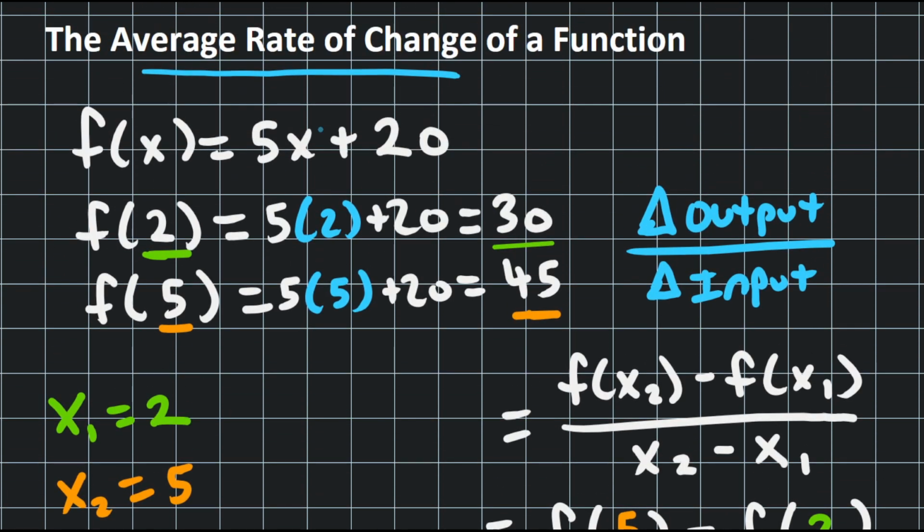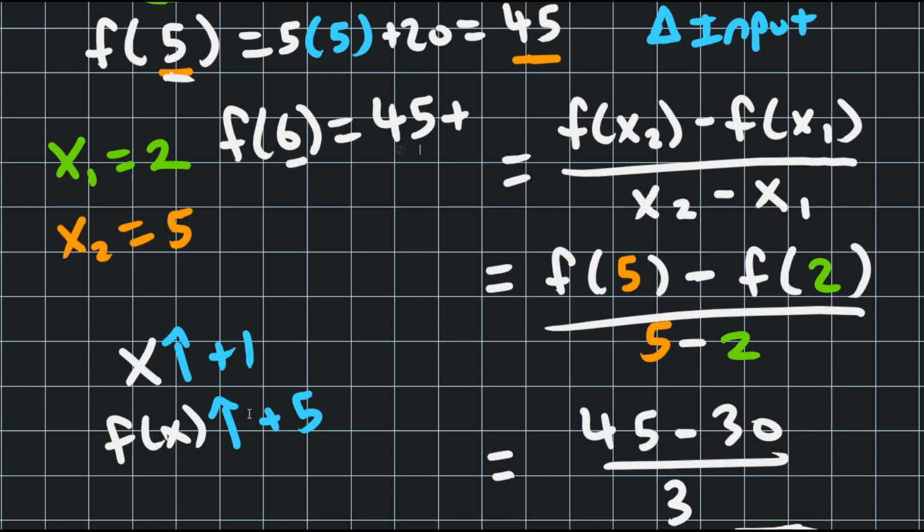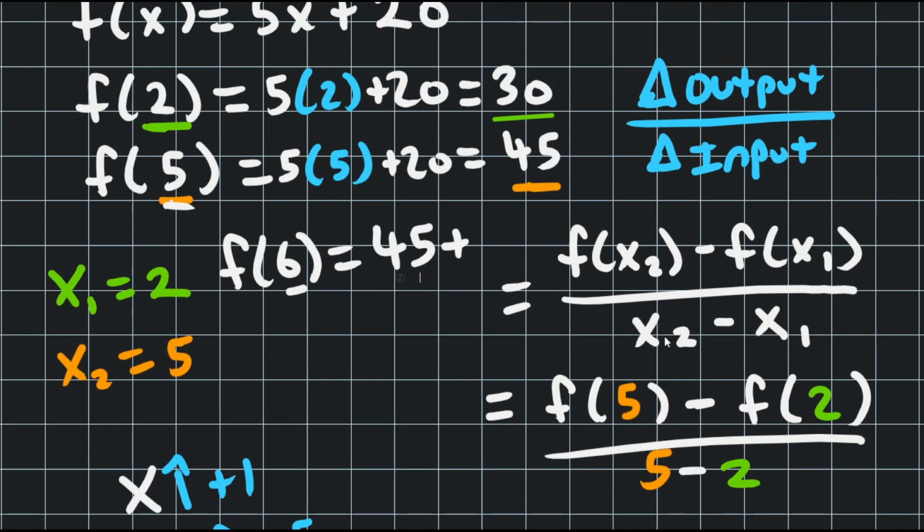Using this, we can already guess f of 6, because we know f of 5 is 45, right? And we increased x by 1. We went from 5 to 6. So for every increase of 1 in the x value, the average rate of change is 5. So 45 plus 5 equals 50.